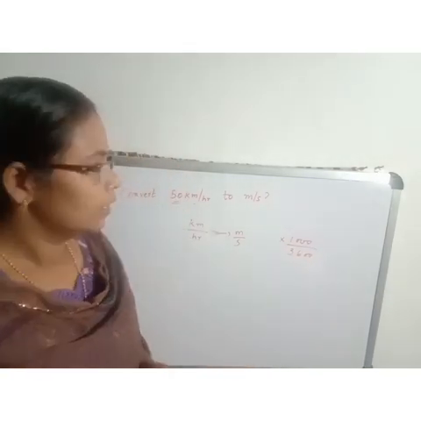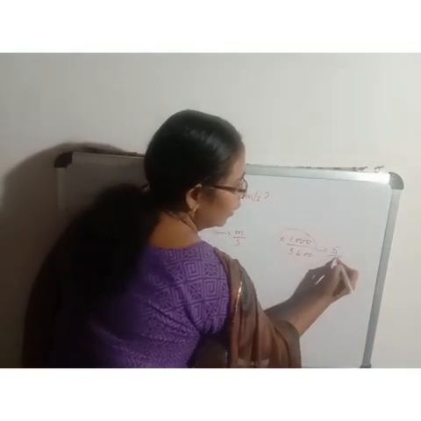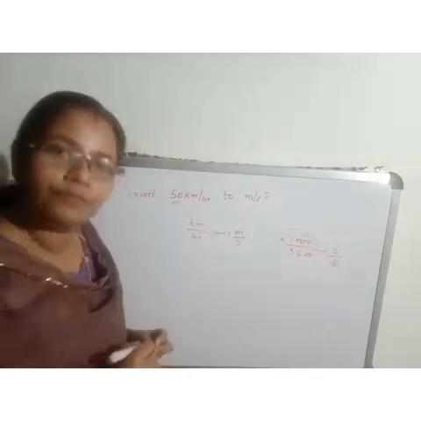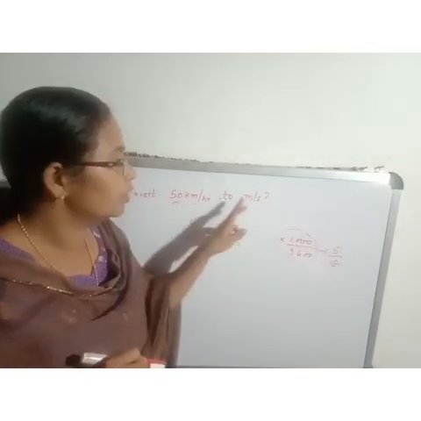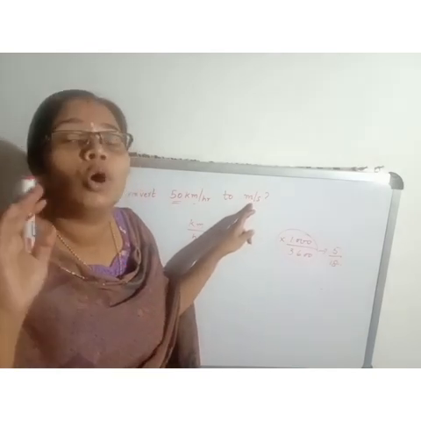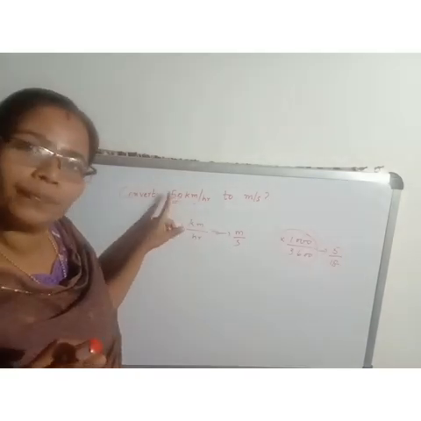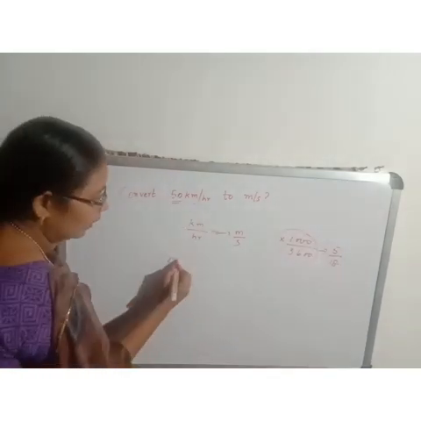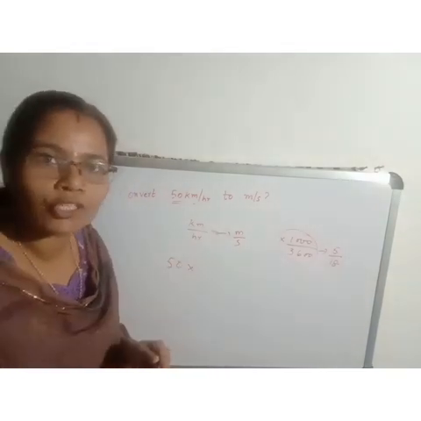So if you are simplifying, we will get 5 by 18, which means in order to convert kilometer per hour to meter per second, you only need to multiply that value, which is 50, with 5 by 18. Okay, this is a shortcut.